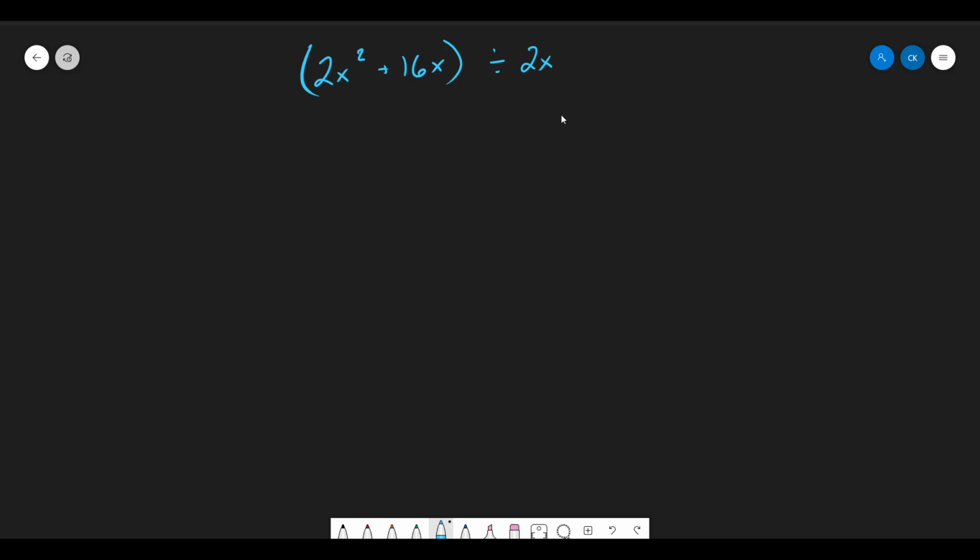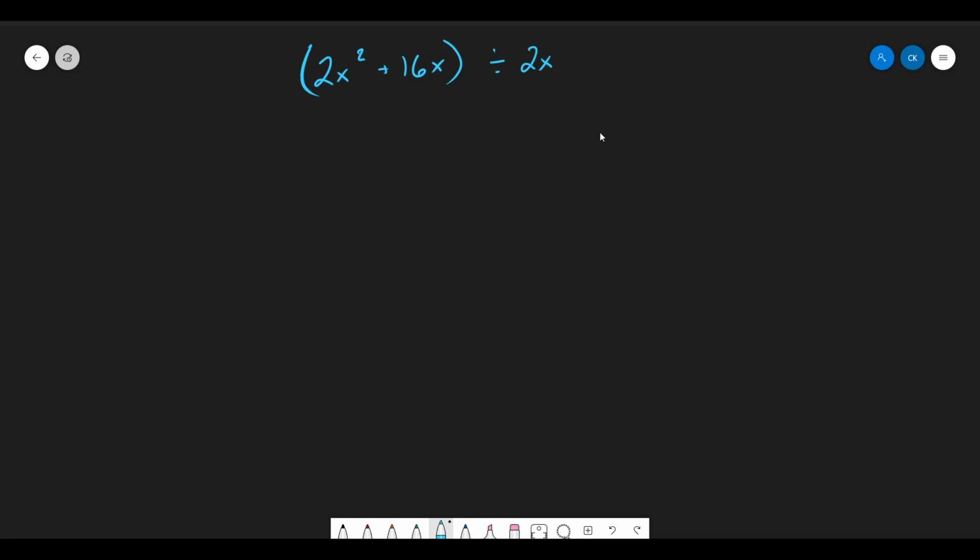We see how this is different from what we were doing two days ago, because this isn't written as a fraction. We're not taking a rational expression and dividing a rational expression. We're now taking a binomial or a polynomial and dividing it by a monomial. This is just a tiny bit different than the previous section, but it will eventually get to the point where it is the same.